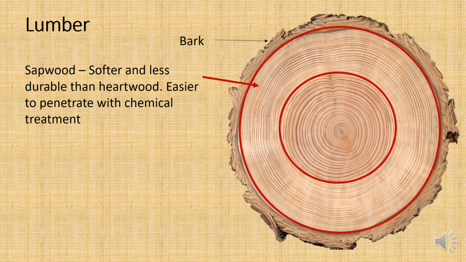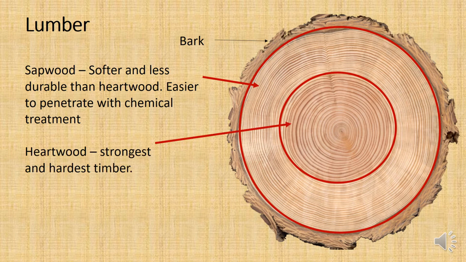Sapwood generally is less durable, softer and less strong than the middle wood, which is called heartwood. Heartwood is the strongest and hardest timber that you can get from the lumber. So even within the tree itself, you have a variation in property for the wood. That's a very important thing to remember.